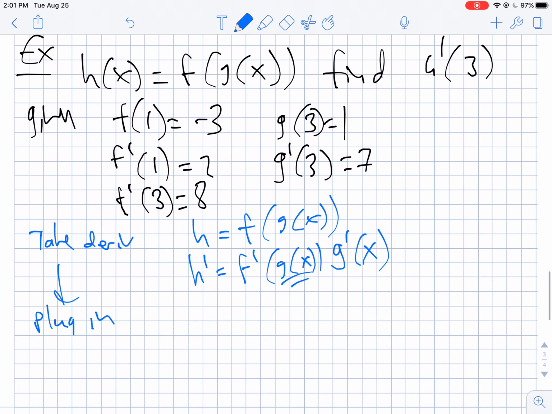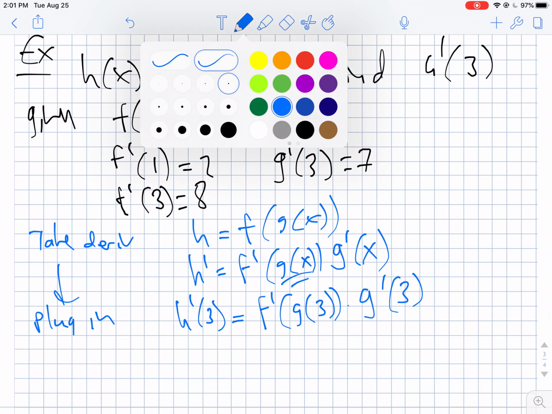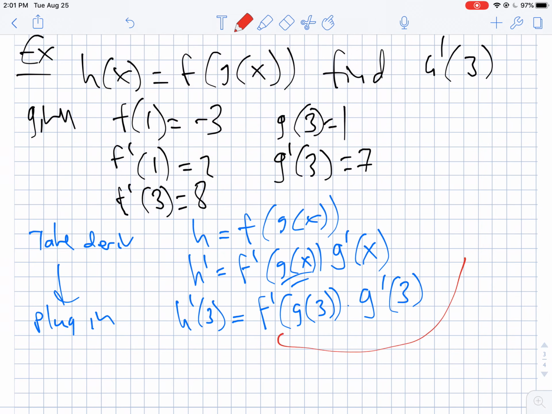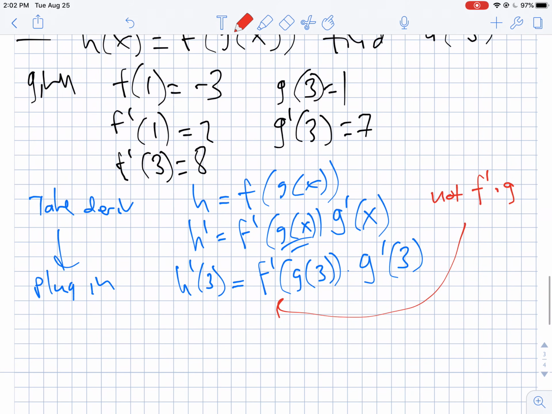Okay, now let's plug in. So h prime of 3 is f prime of g of 3 times g prime of 3. Again, one of the most common mistakes I see is people think this is f prime times g. It's f prime of g of x, f prime of g. Okay, so I think that is important here.